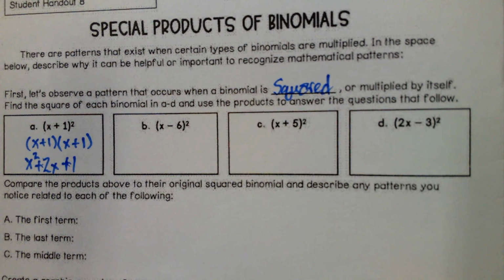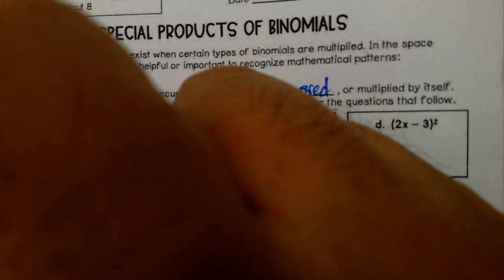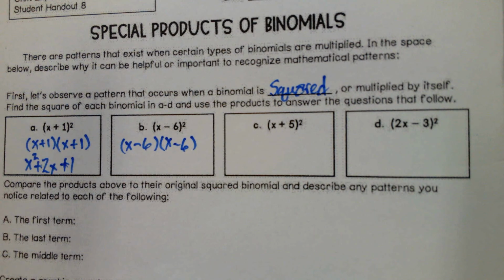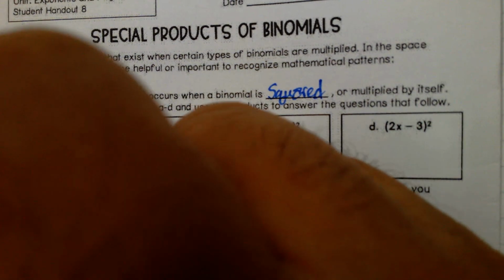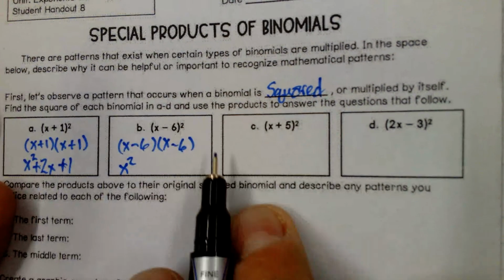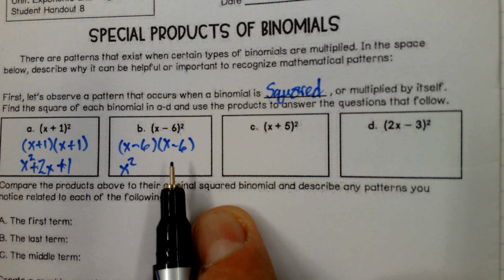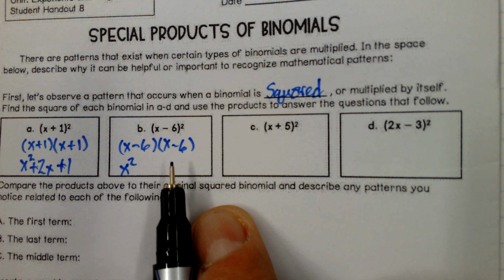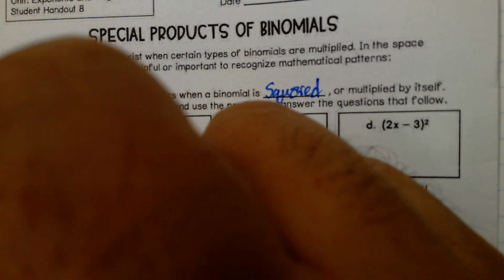Okay, so for the next one, we've got x minus 6, squared. First would give us x squared. Outside would give us negative 6x. Inside would give us negative 6x. If I add those two negative 6x's together, that's negative 12x.